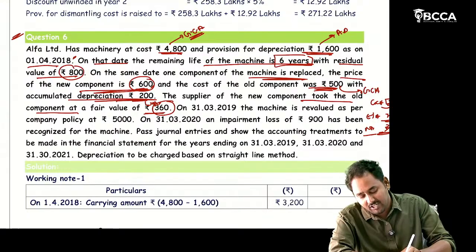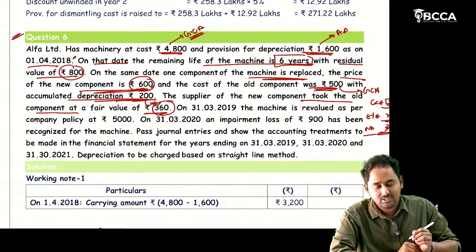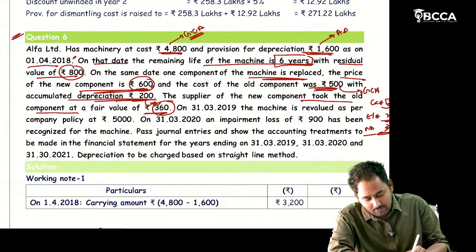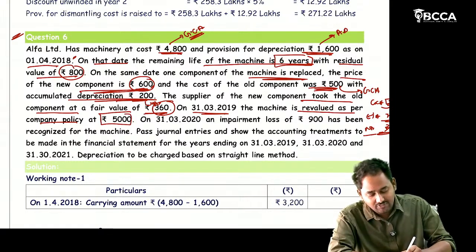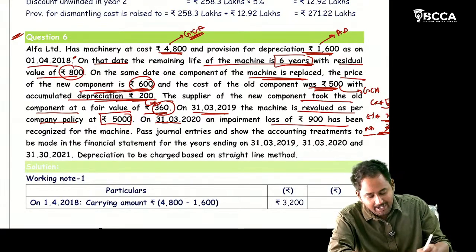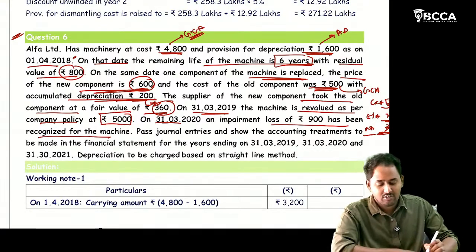The fair value of the old component is 360. Then what happened? On 31/3/19, the machine is revalued as per the company policy at 5,000 rupees. On 31/3/19, an impairment loss of 900 has been recognized for the machine.